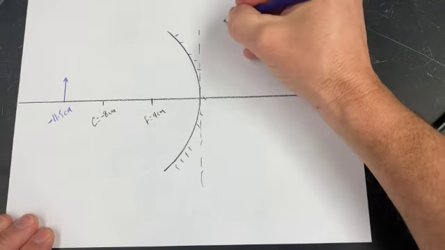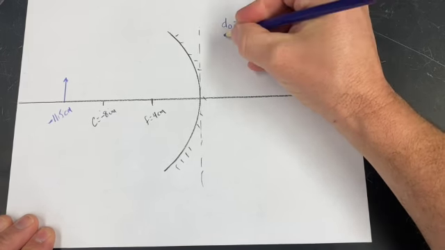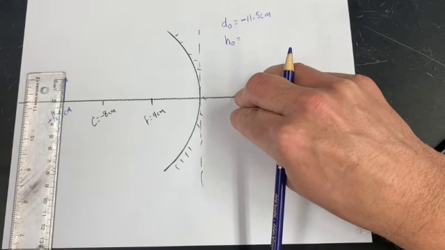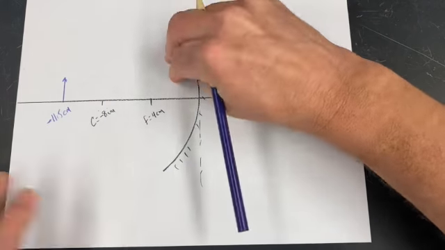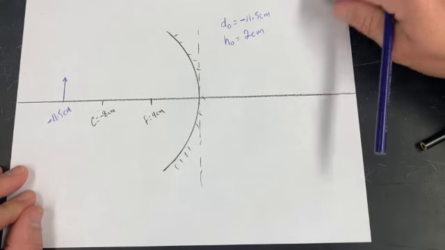So I'm going to write that over here. DO equals -11.5 centimeters. The height of the object, which I measured earlier, is 2 centimeters tall. I may have said 3. Let me measure that one more time. 2 centimeters tall. Okay? So that's important information to have, just to state for later.